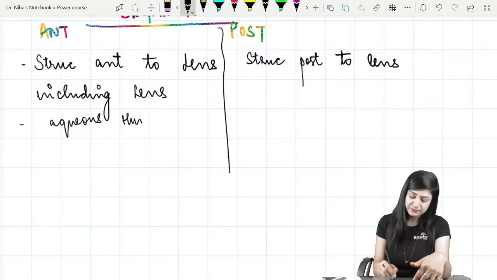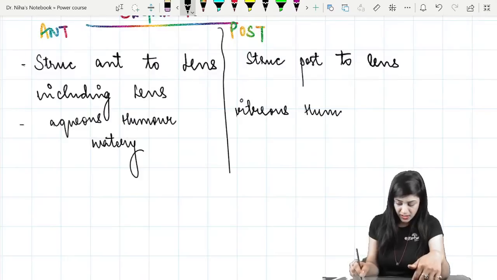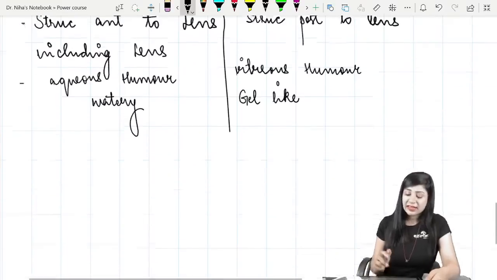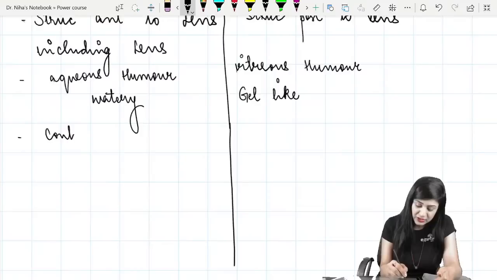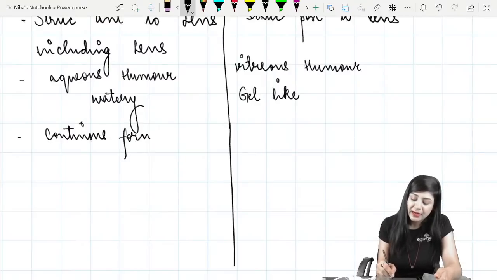Aqueous humor is watery in consistency. Vitreous humor we have here, and this is gel-like. Now, the second important thing: aqueous humor has a continuous formation.